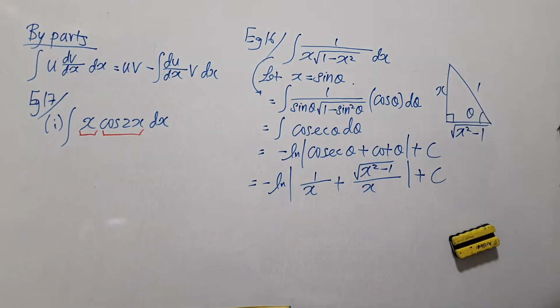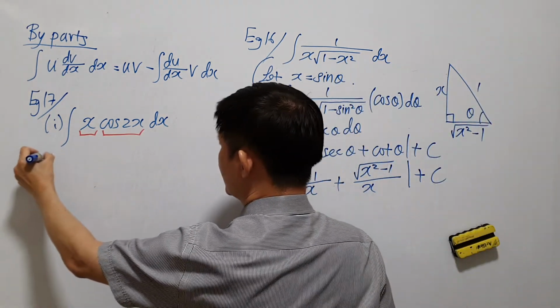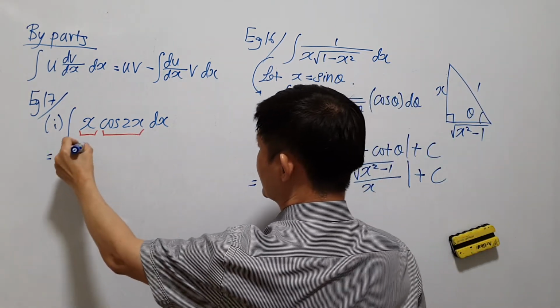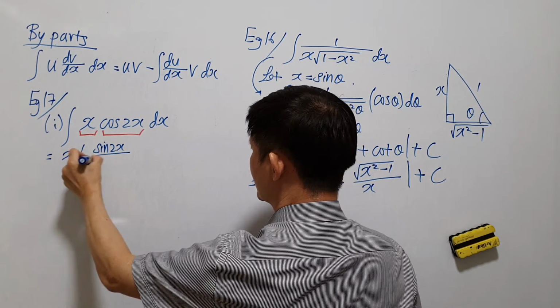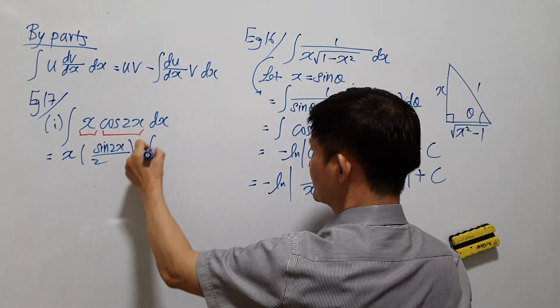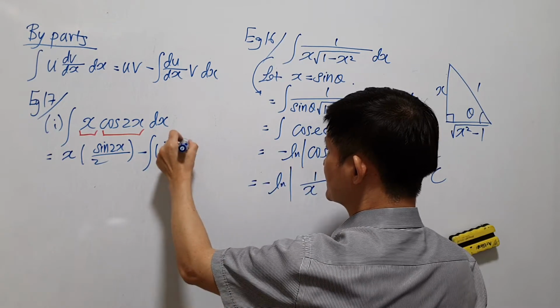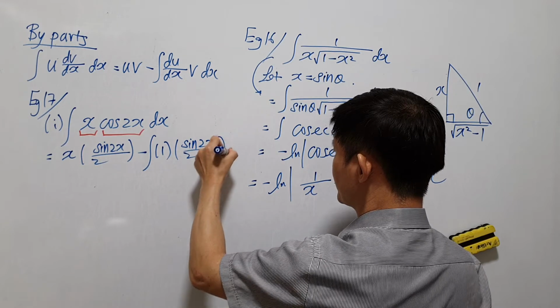So according to the formula, it's going to be uv. If this is a dv dx, then your v will be sine 2x over 2, minus, du dx will be 1, and then again to get the v is sine 2x over 2.